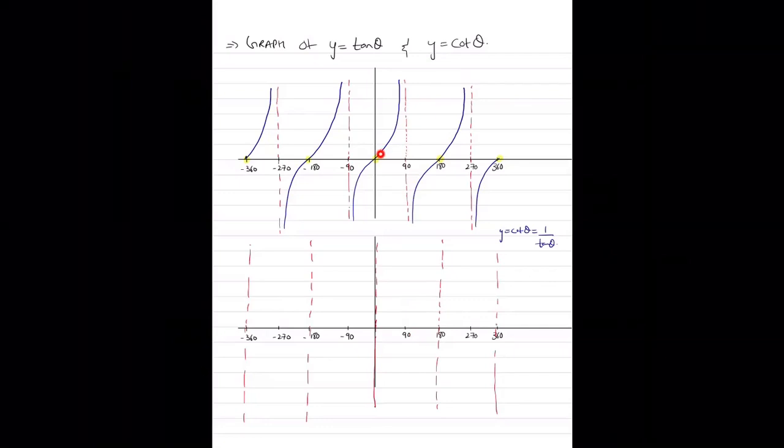And the shape is going to flip. Wherever it was decreasing, it is going to increase as well. So over here, it is going to be 0. Before 90, as you can see, it was increasing like this. So now it is going to be decreasing, and the shape is going to look like this.